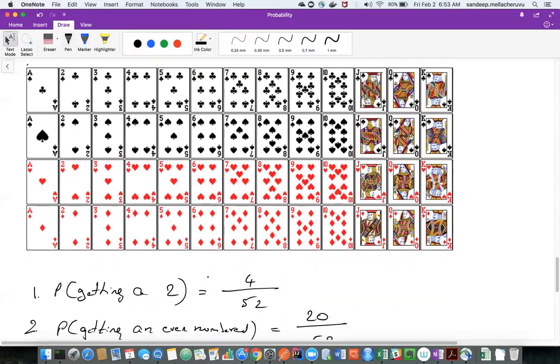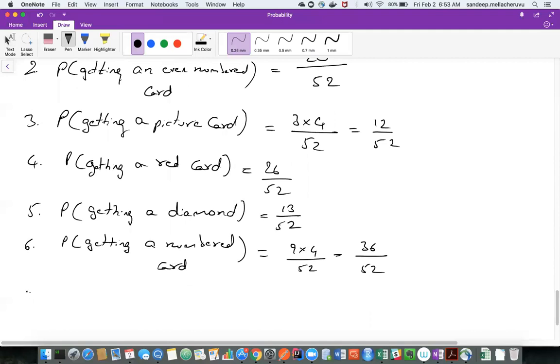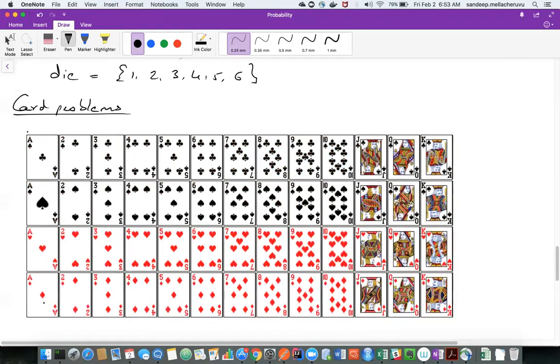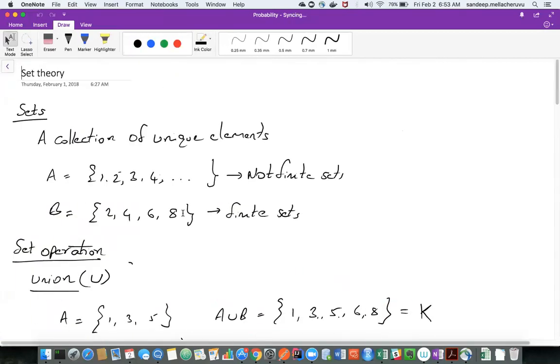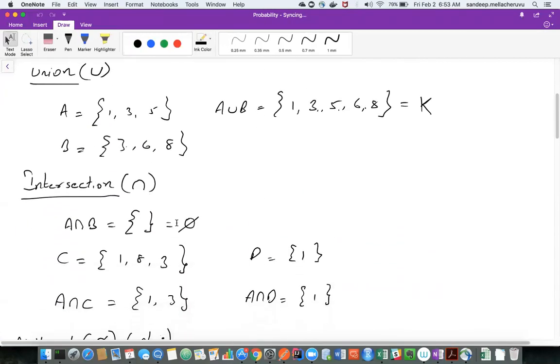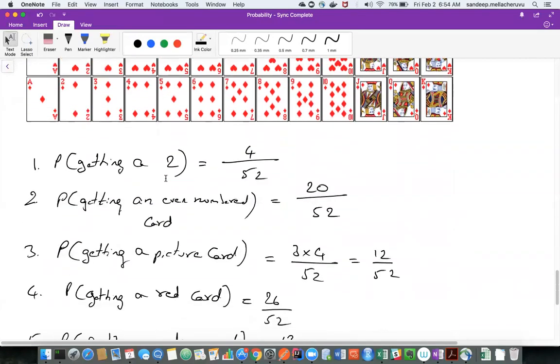Now, the problem could be a little more complicated as well. I'm increasing the complexity a little. In set theory, I have mentioned how to use union and intersection, right? I can also use union or intersection to formulate the problems. Let me give you an example.